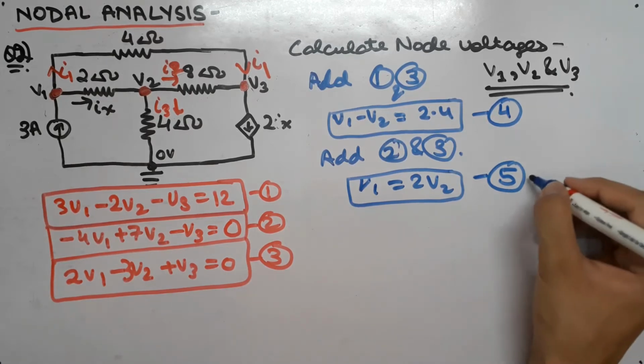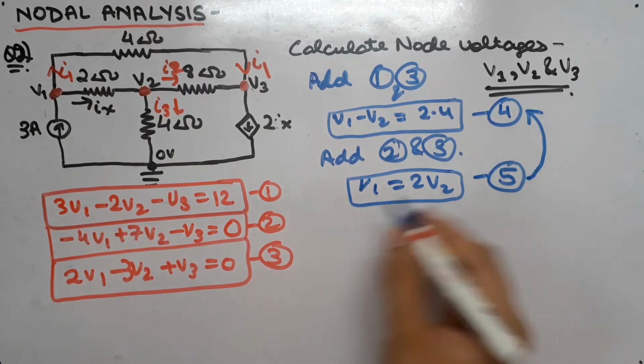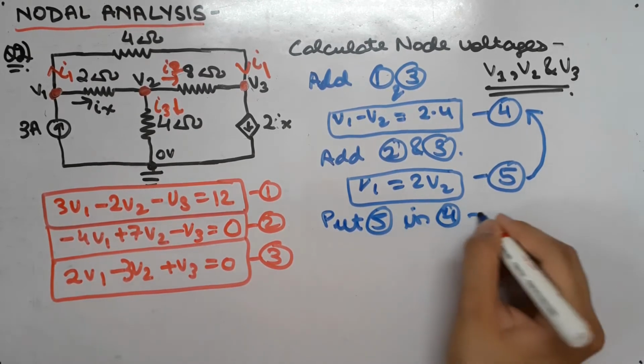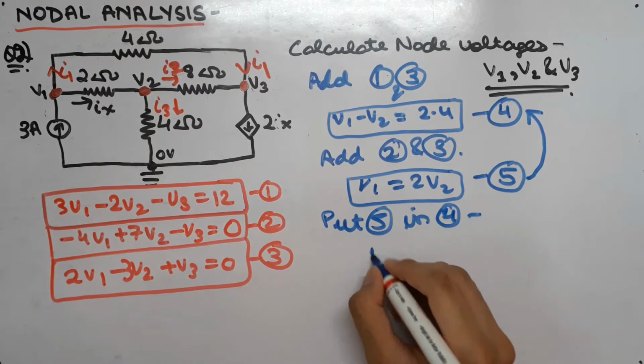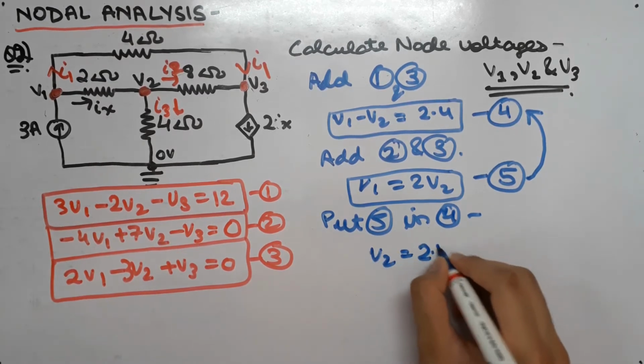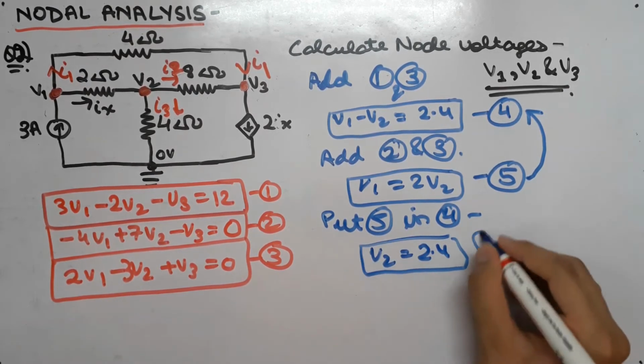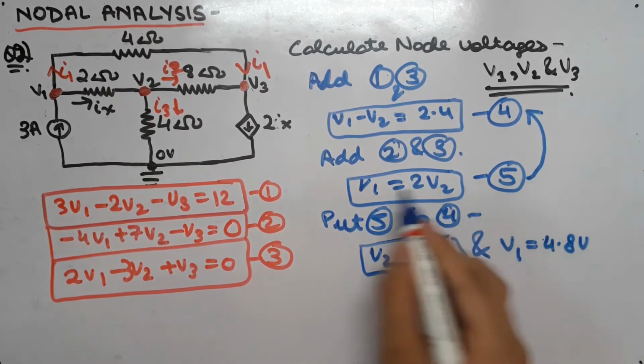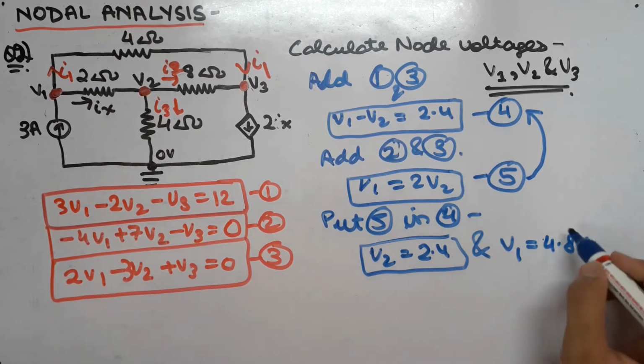Now we will put equation 5 in equation 4. From there we will get the value of V2 as 2.4 and simultaneously we will get the value of V1 as 4.8 volts, as we know that V1 is equal to 2 into V2.